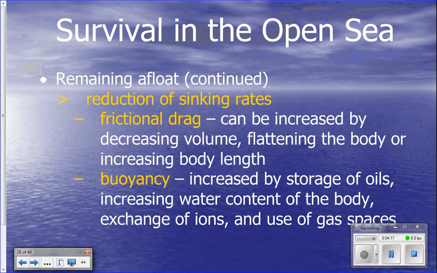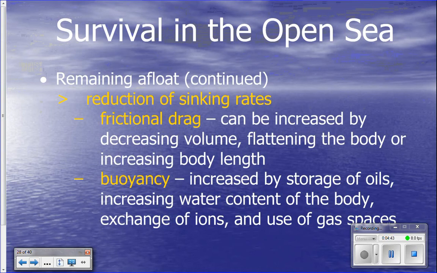When a little animal is in the water, as it's sinking down, the water moving over the surface of its body is also creating drag, which can slow down the animal. If it has a larger surface area, if it's able to spread itself out more, it's able to increase the amount of drag that gets produced and reduce how fast it sinks because the drag slows it down. Does that make sense?